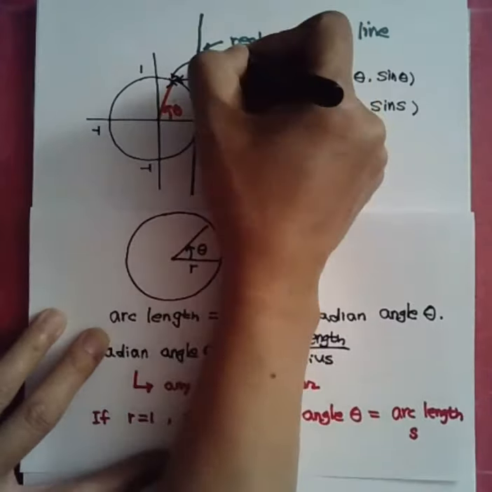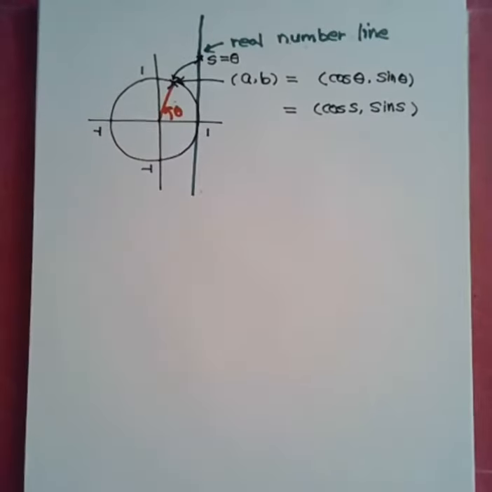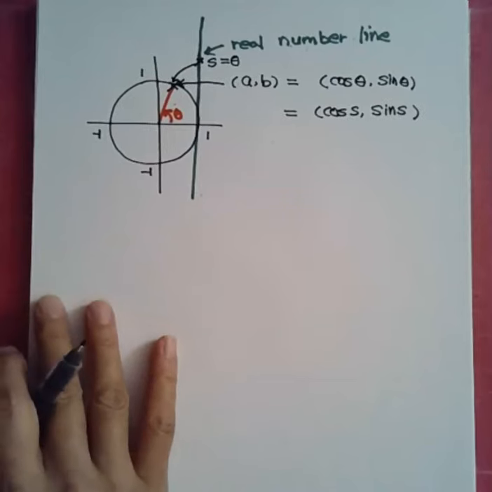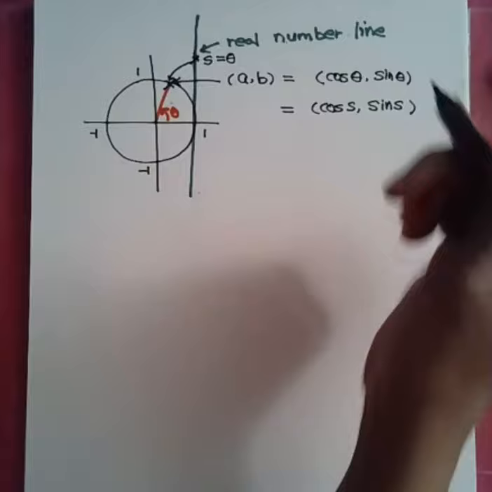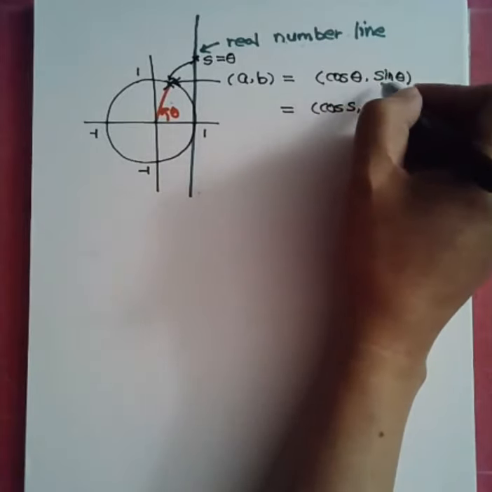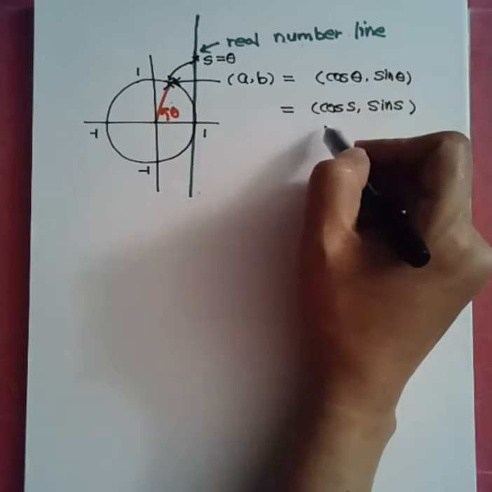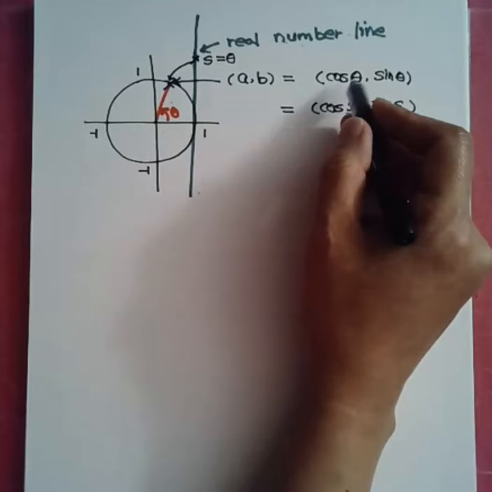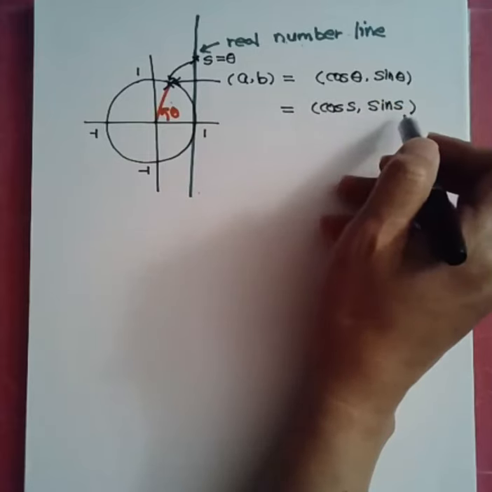So we can say that S equals theta. On the other hand, on the unit circle, x and y coordinates are identifiable with cosine theta and sine theta in value. And we can rewrite that as cosine of S and sine of S.